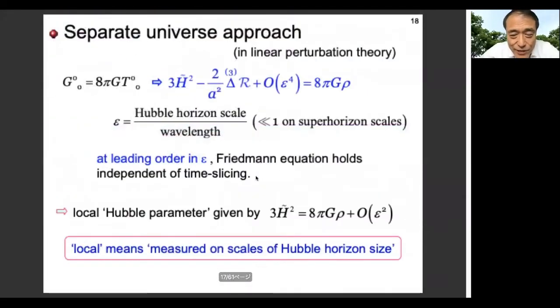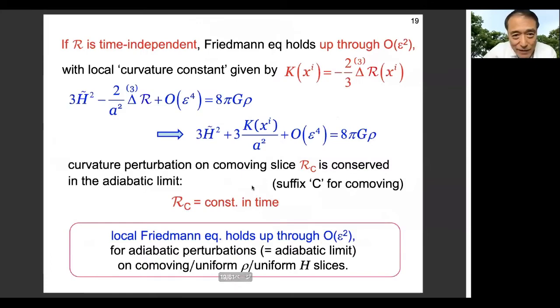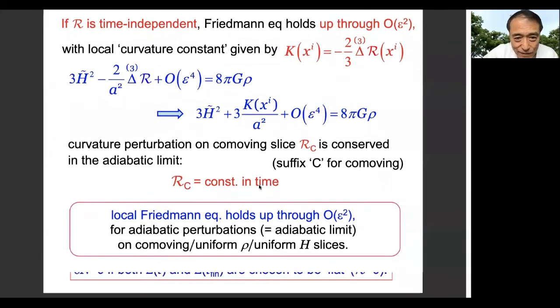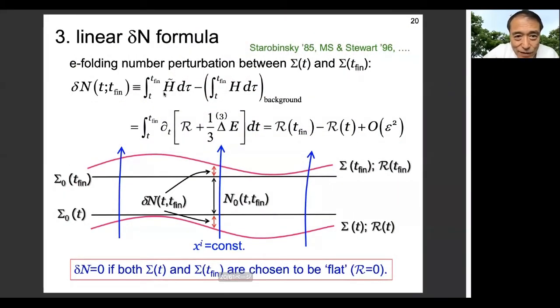This is true to full nonlinear order. So this product of h tilde times d tau cancels out the perturbation in the lapse function, and the remaining part only comes from the total time derivative term.